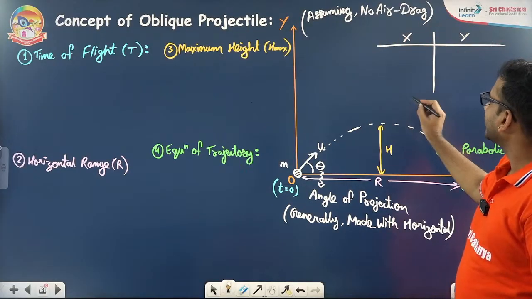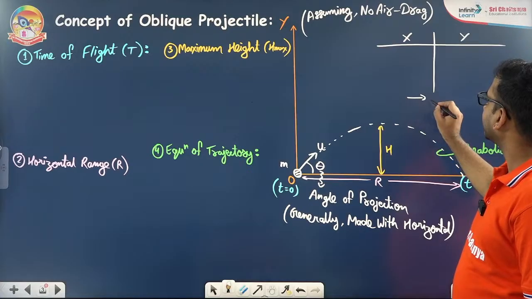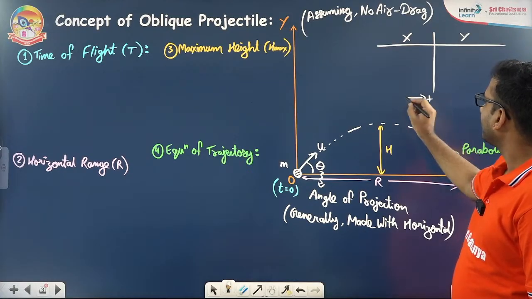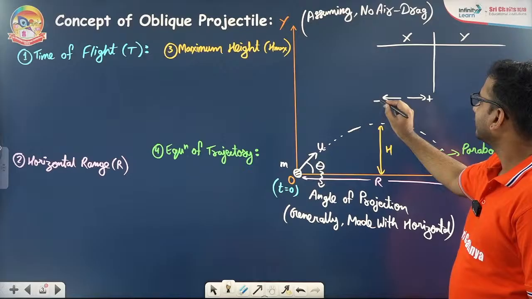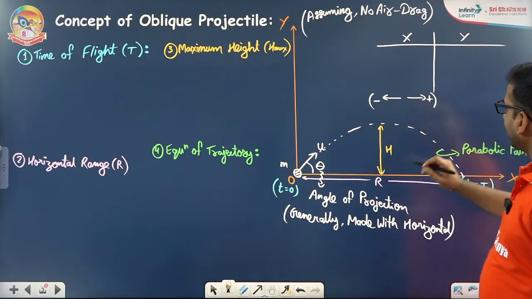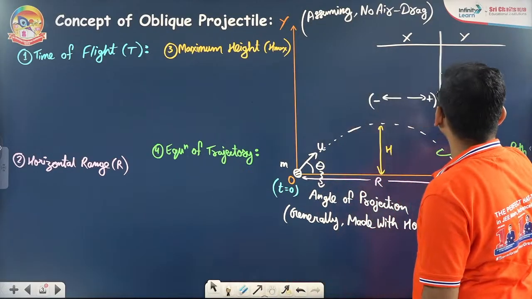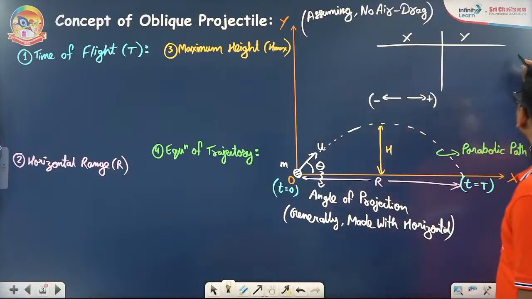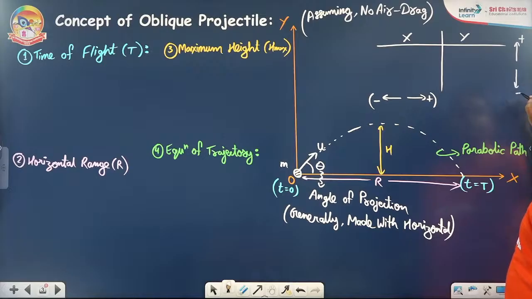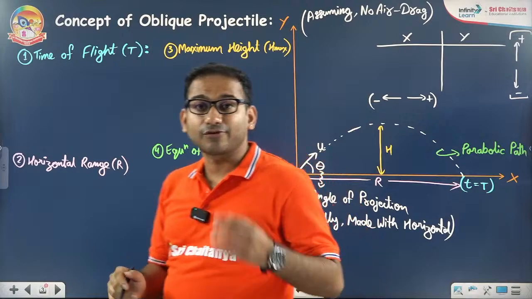In the y-axis, the convention would be upward is positive and downward is negative. All right.